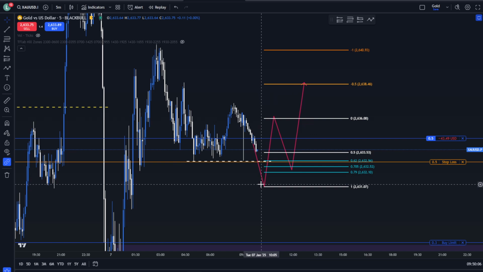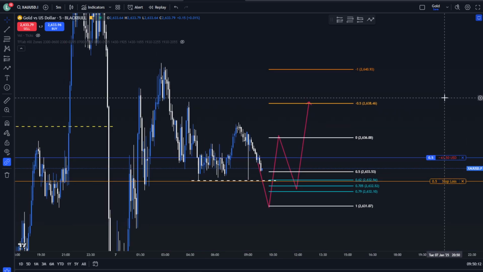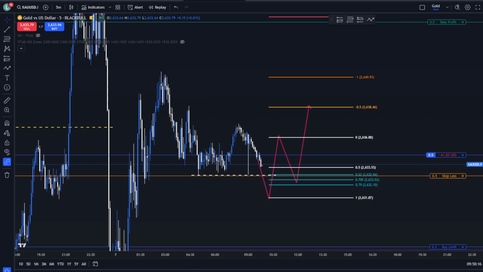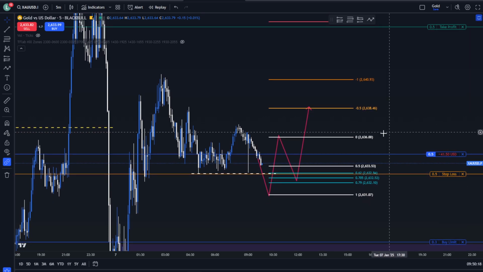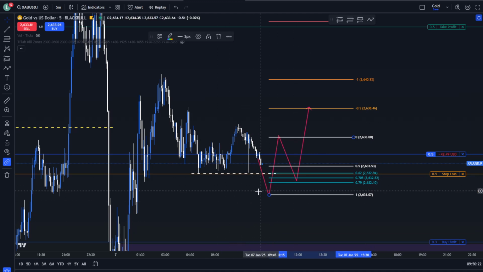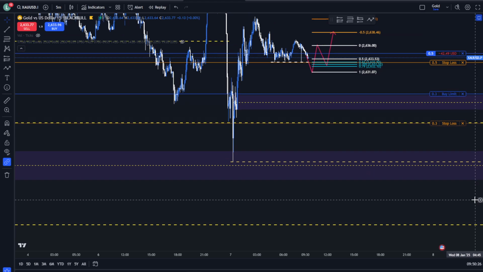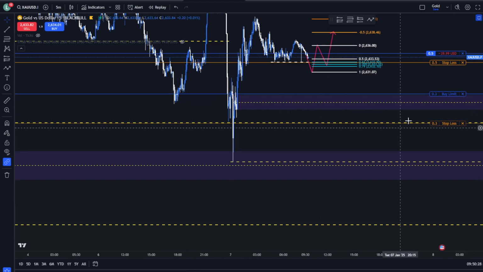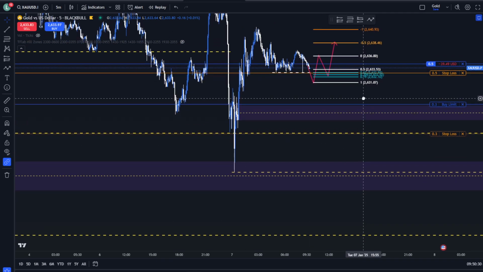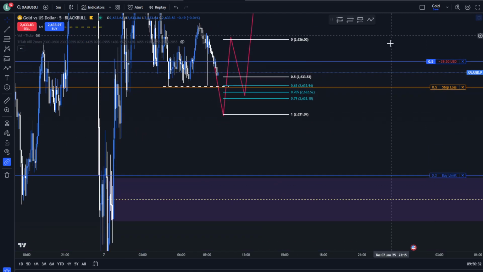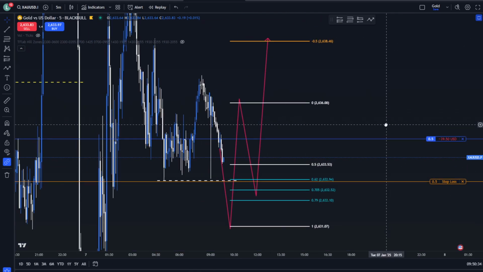If I do get stopped out here, I would need to see a liquidity grab to know that the push towards buy side liquidity is the direction that we are going in. At the moment, that's my thesis. If we don't liquidity grab here, we could end up heading down towards daily lows or some sell side liquidity. So let's see how it plays out.